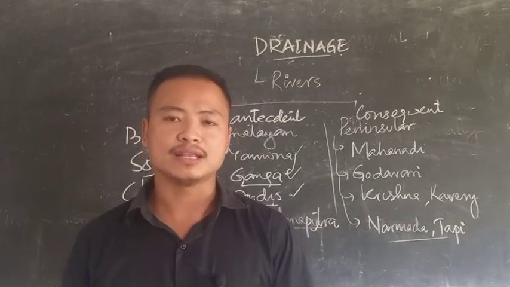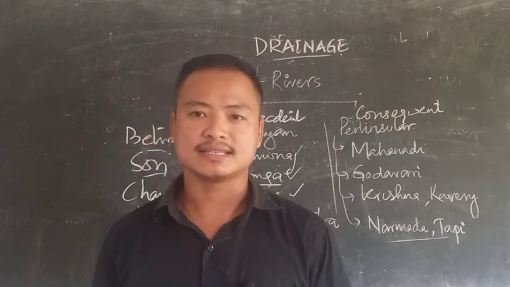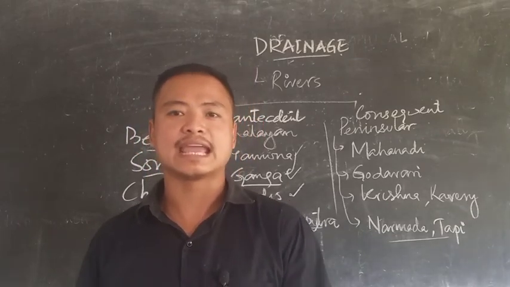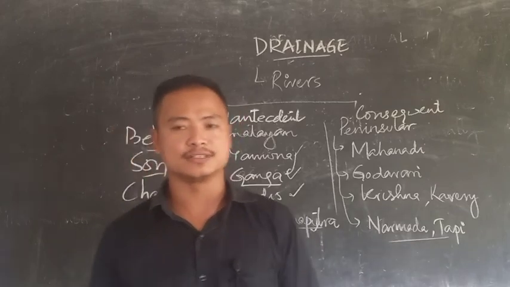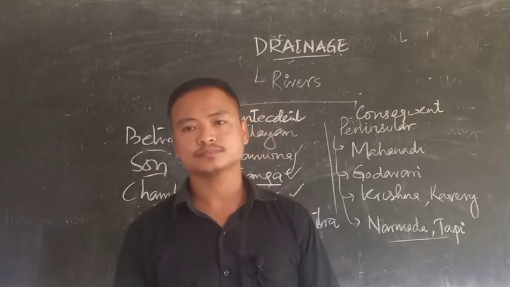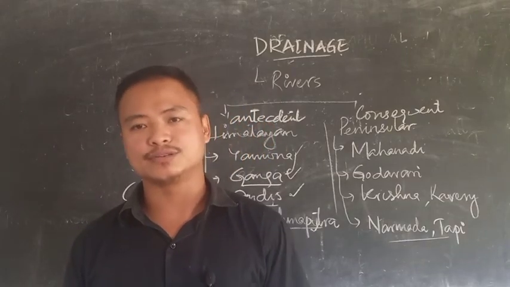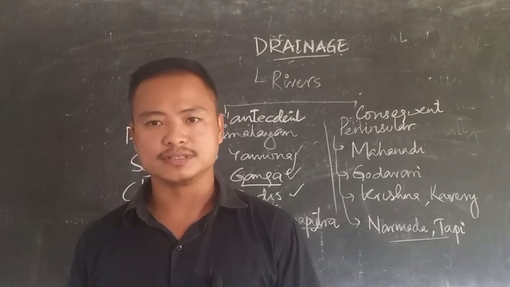While the southern peninsula rivers are less in numbers and cover less areas. So in other words, you can say the catchment area of peninsula rivers is less as compared to the Himalayan rivers. The Himalayan rivers are longer than the peninsula rivers.